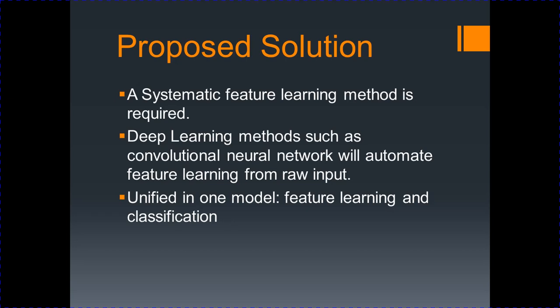Using these models, features can be extracted from a specific task, and these models are task dependent rather than having standard procedures or features. And in this model we'll have feature learning and classification in one, which can enhance the overall model.